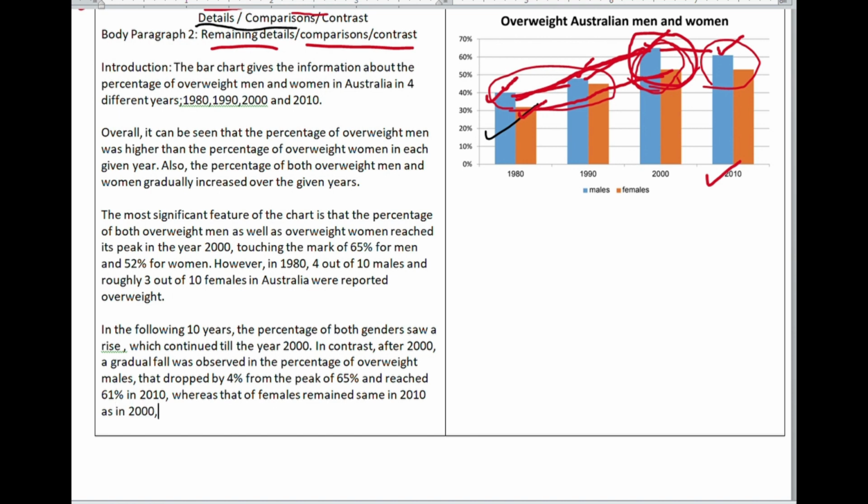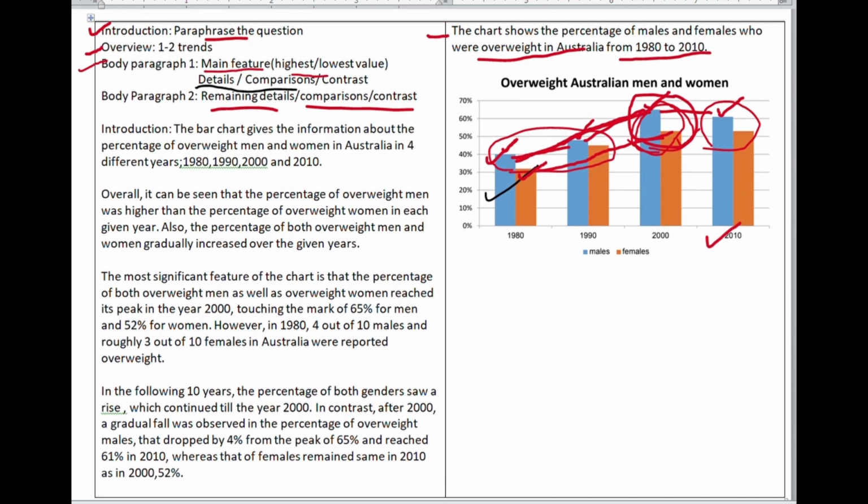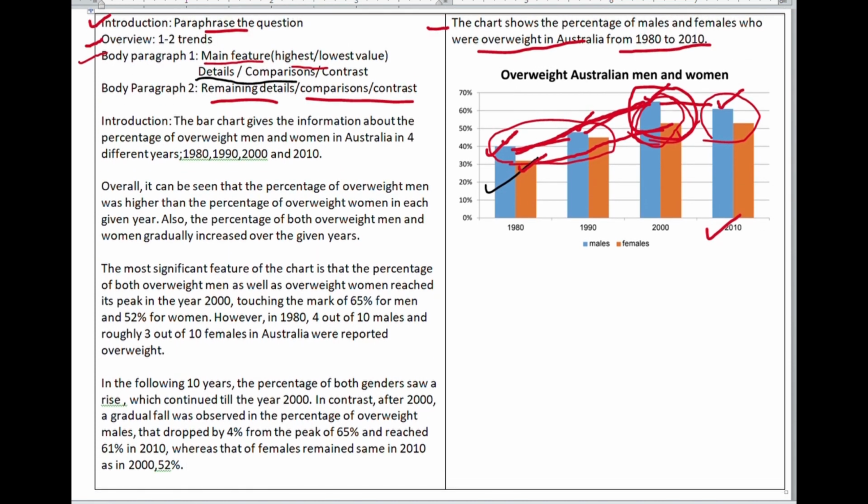That was 52%. So here task 1 is complete. I hope now you guys are clear with how to attempt writing task 1 effectively, how to use the connectors, how to compare and contrast the data, and what's the structure of writing task 1.